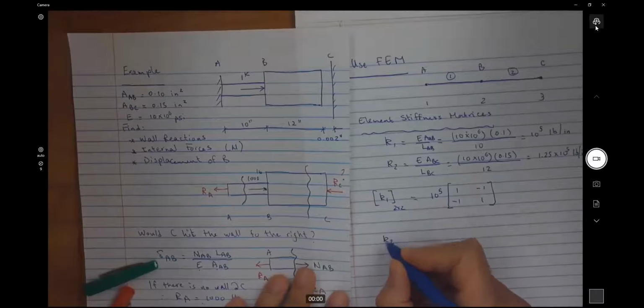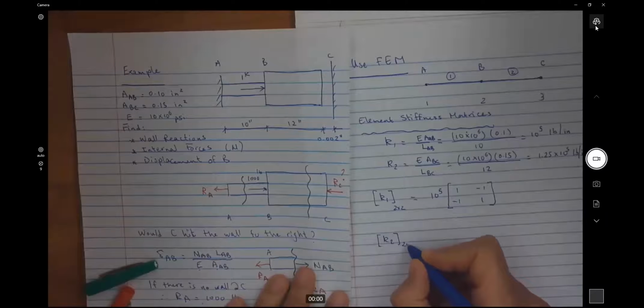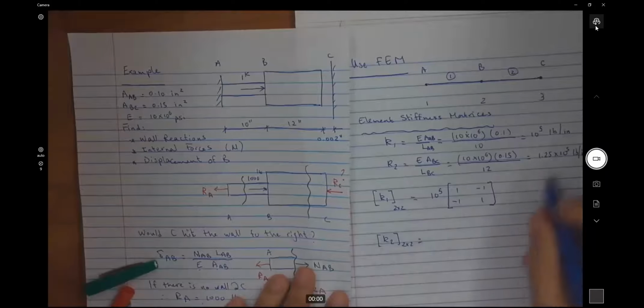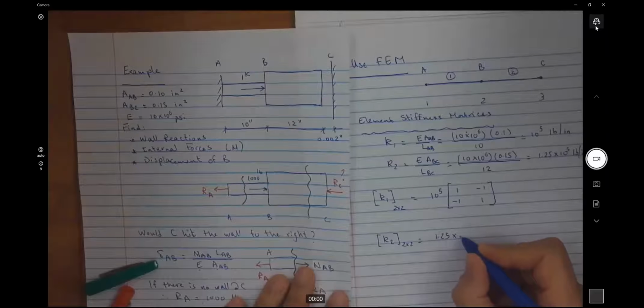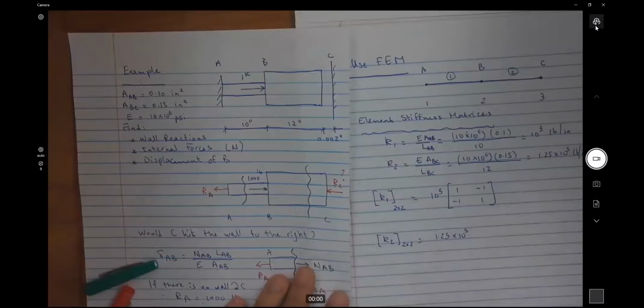Next, I'm going to write K2, a 2 by 2 also. And now I have this 1.25 times 10 to the power 5, and here I have a 1, minus 1, minus 1, and 1.